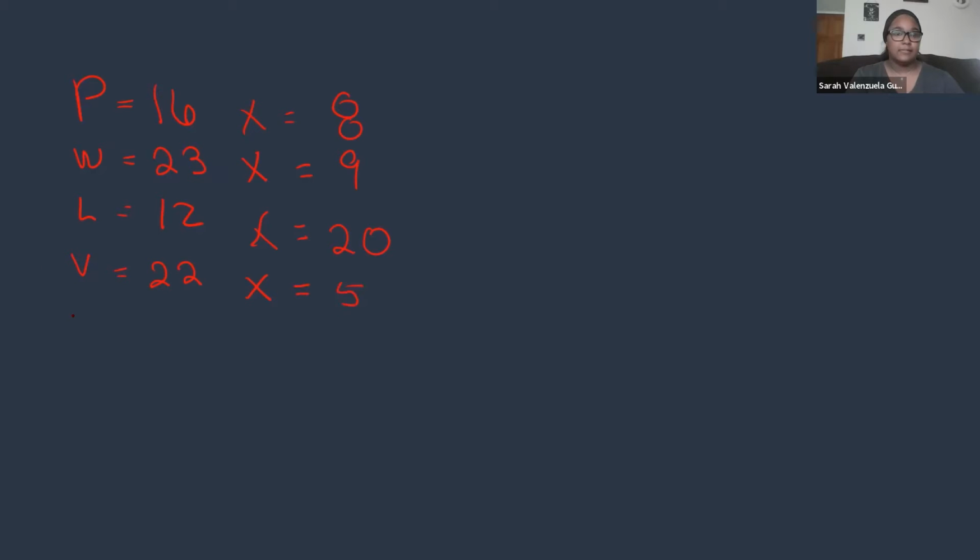And lastly, but not least, for the F, that was 6, the x value was 18. Now that we know all this, let's go to our table and find the letters that match the x values that we found.